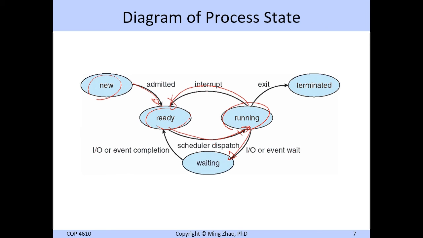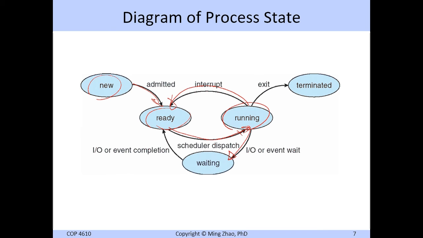We have learned that if the process is waiting for the I/O to complete, the process will be placed on the waiting queue of the particular I/O device. If a process is waiting for a synchronization event to happen, the process will be placed on the synchronization variable, for example, the semaphore's waiting queue.